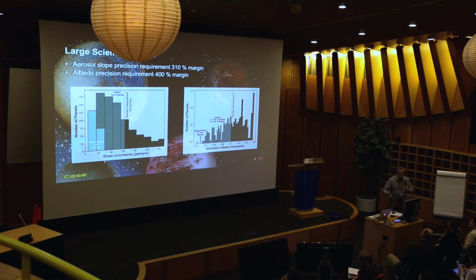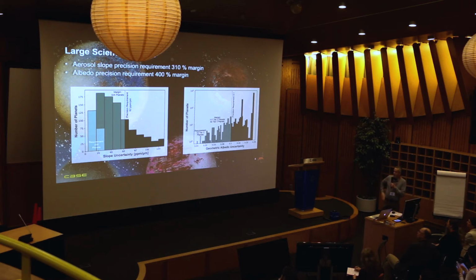Now, in the NASA formalism, we have a science traceability matrix that's driven by science requirements, and we estimate our margin against those requirements. I'm very happy to say that for our two key science parameters, the aerosol slope precision measurement and the albedo precision requirement, we've done some design reference mission simulations using our best approximation of the Ariel instrument model, circular yellow book, and an observing model and a target model.